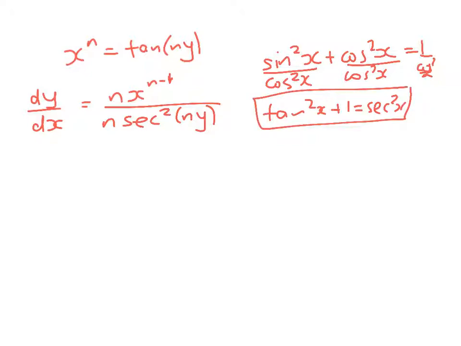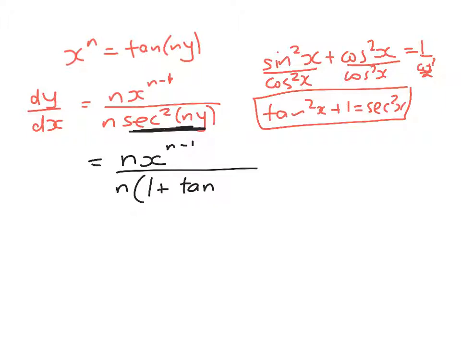So we're going to use that, and we're going to substitute tan squared of ny plus 1 in here. That gives me n x to the n minus 1 over n times 1 plus tan ny squared. I'm writing it like that on purpose.